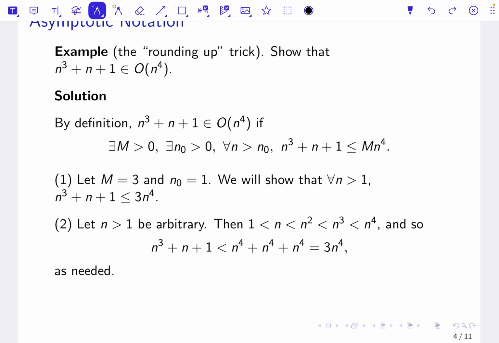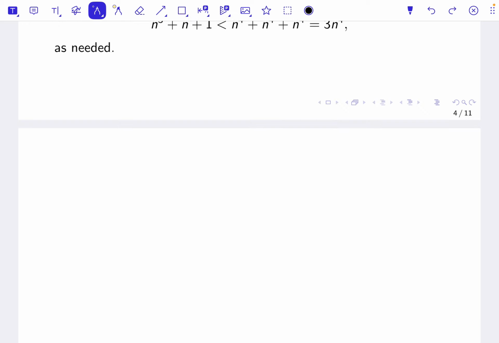So a good first step when solving any of these questions is to just write out the statement that you're going to try to prove, expanded. I'm going to do it.